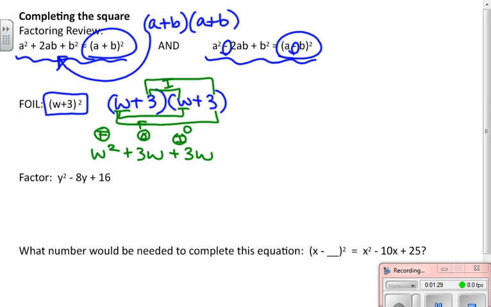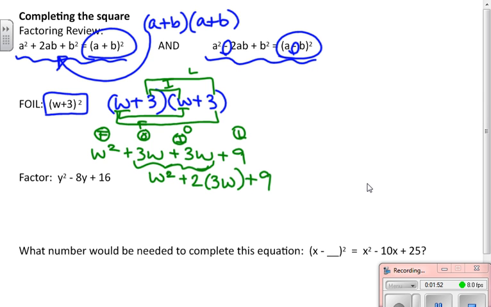And the last terms, plus 9, 3 times 3. And what happens is outside and inside always combine, and I end up with that w squared plus, and if you think about writing it like this, there's two of them, plus 9.